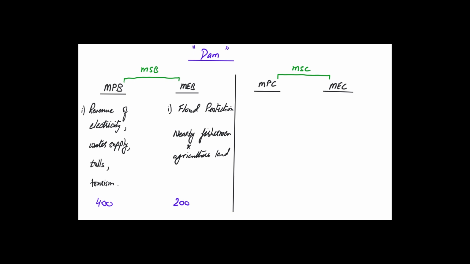On the other hand, from the production point of view, in order to construct this dam, certain costs have to be paid. The cost of raw material, wages, interest, etc. All these different costs that you have to pay.